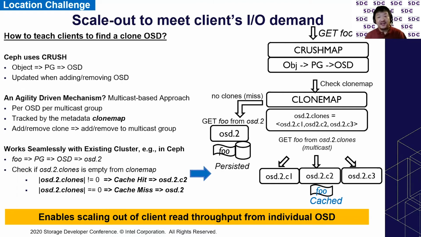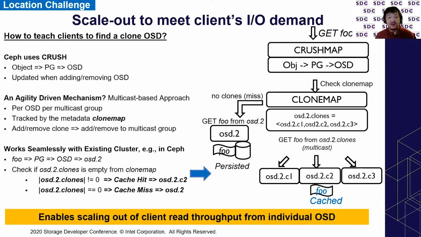Now, in our case, we have a clone map as part of the metadata. The client would check the clone map, and it will see there is a set of clones for OSD2. In this particular example, it has 3 clones, 1, 2, 3, and one of them has the full object cached. Of course, the client doesn't really know which one has the full cache.